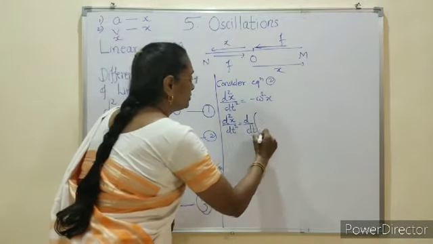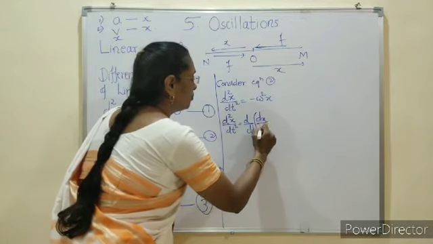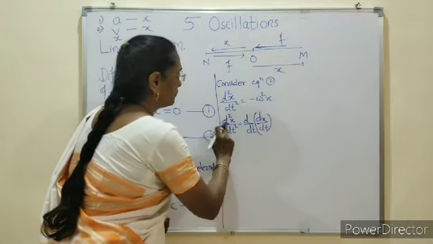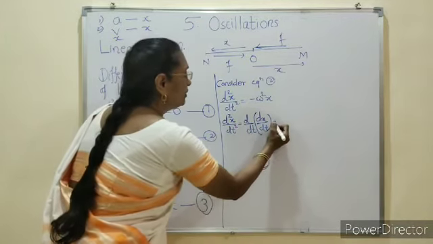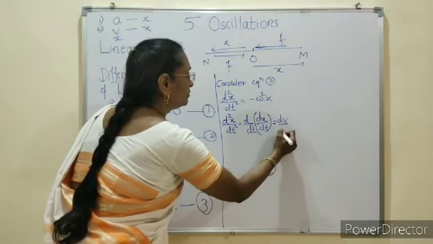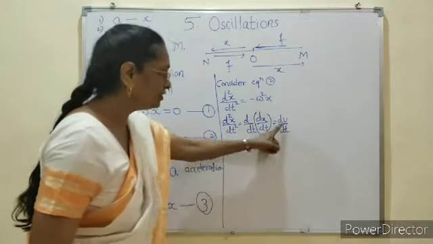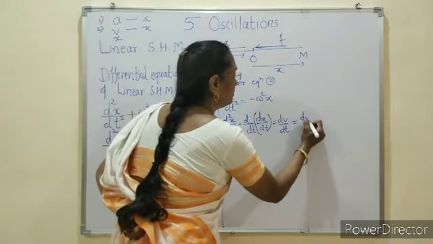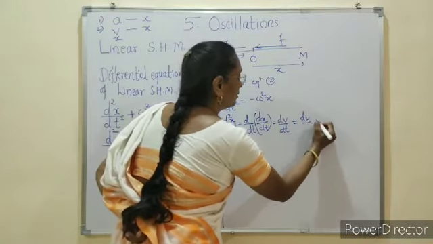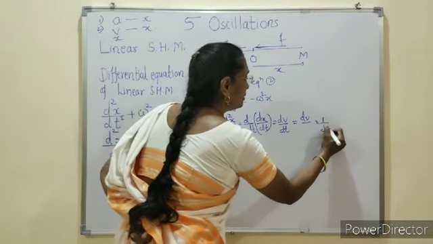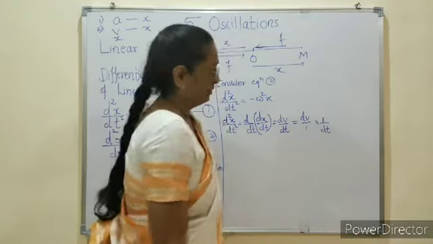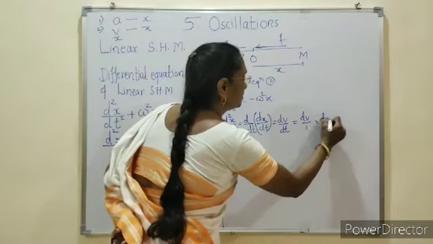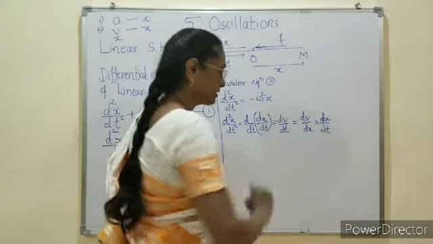The double derivative can be split here. This dv by dt can be arranged as dv into 1 upon dt, multiplying and dividing by dx.